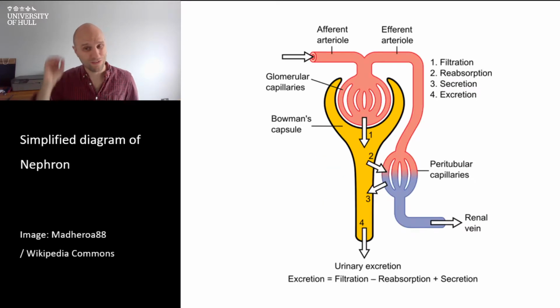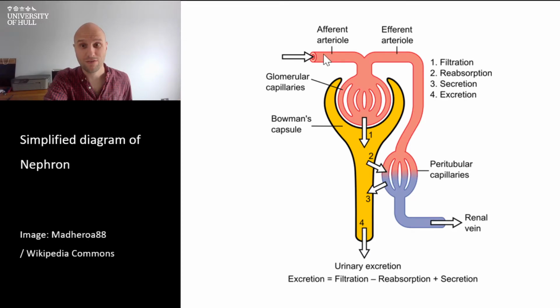Now, I really like this diagram of the kidney. You'll have no doubt seen many more complicated diagrams, but very briefly, the blood enters from the arterial end of the systemic circulation. Here's my little pointer.